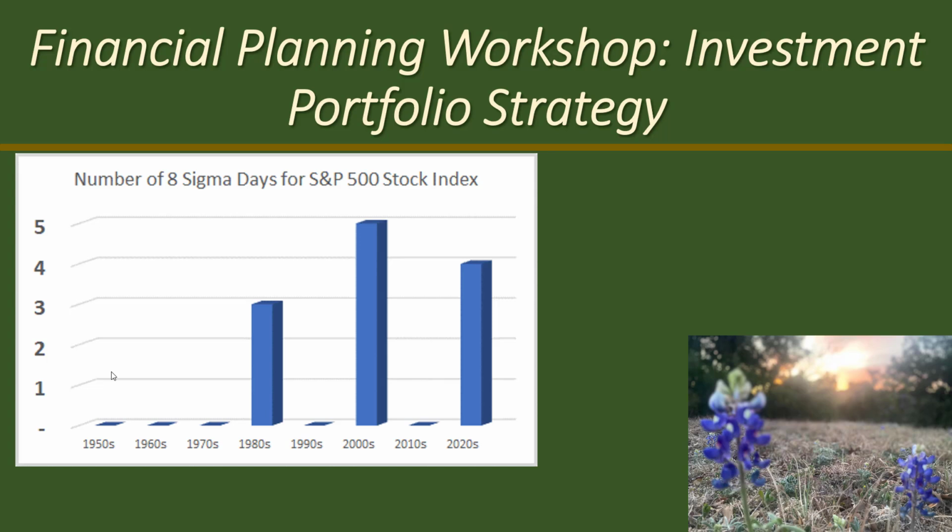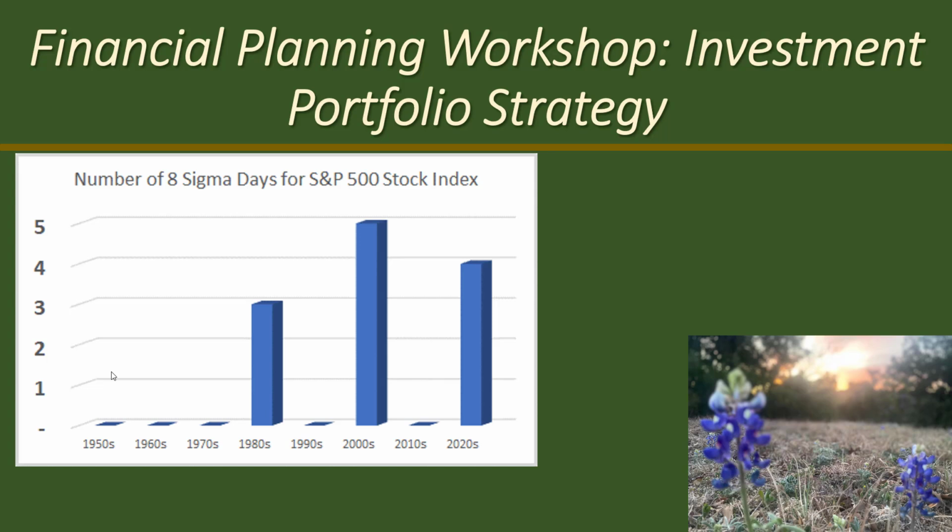And you can see in the 1950s, the 1960s, the 1970s, the 1990s, and the 2010s, those 5 decades, we had no days that were 8 sigma days. However, in 1980, we had 3 days. That was during that October market crash, where the market fell 23% in one day and then fell a few days around that.